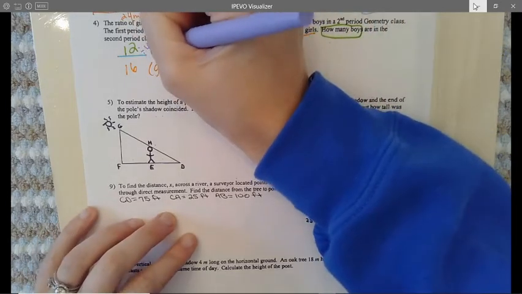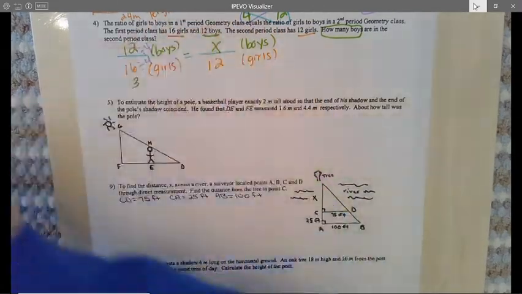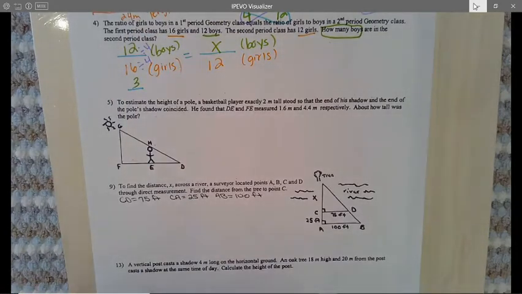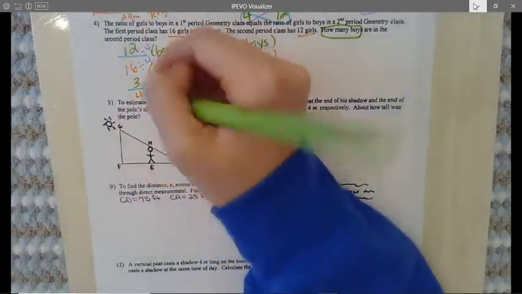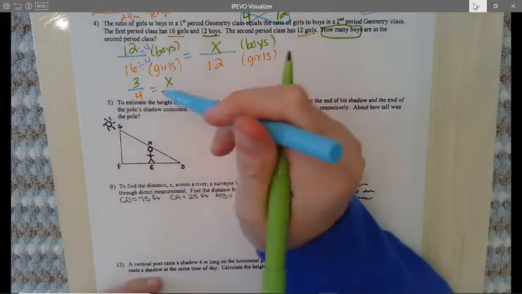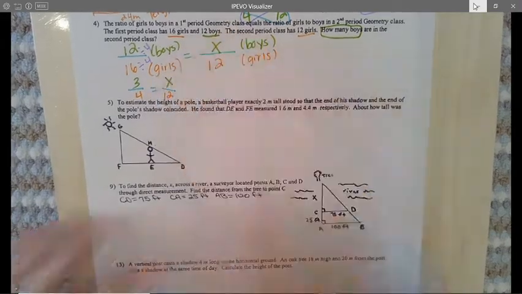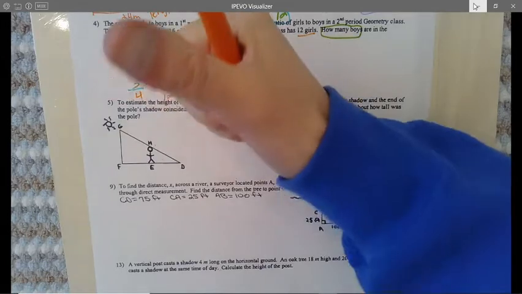So I'm going to divide both of these by 4. 12 over 4 gives me 3, and 16 divided by 4 is 4. That will equal x over 12. Sorry, that's a really bad slant. And then from here, we cross multiply.